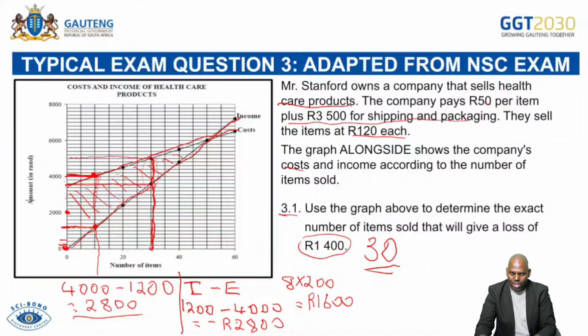So if I take 5,000 minus 1,600, that is the other way that we can find the answer. So exactly 30 items will give you a loss of 1,400.